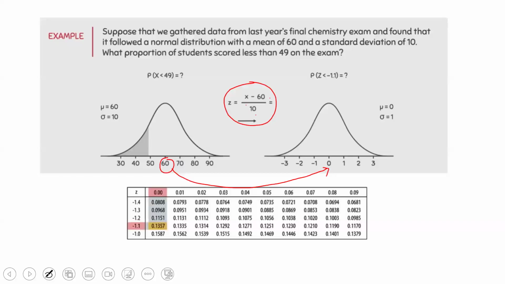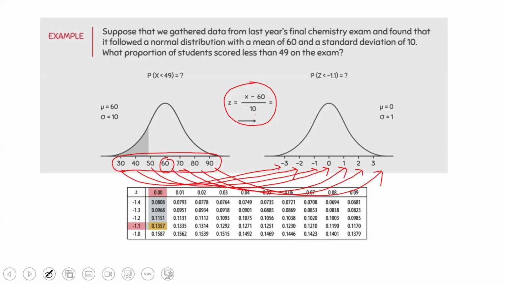Now 70 minus 60 by 10 becomes 10 by 10, so 70 becomes 1. 80 minus 60 by 10 becomes 2, and 90 becomes 3. Now 50 becomes minus 1, 40 becomes minus 2, 30 becomes minus 3. Once we apply these values to this formula, we get these values. Are we clear till here?